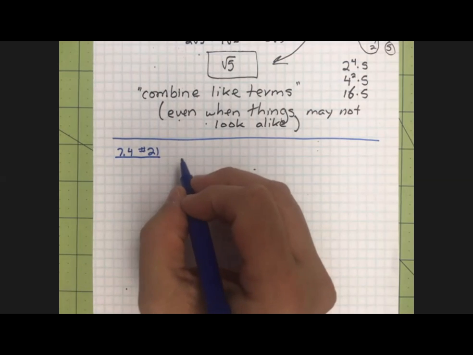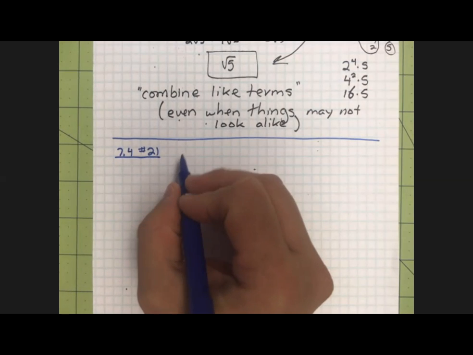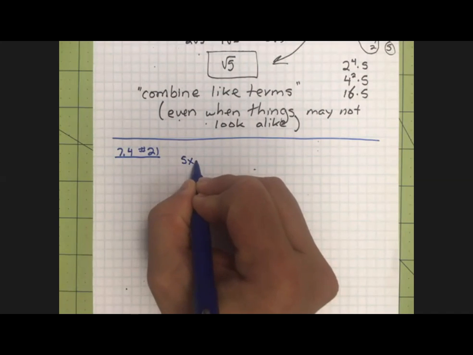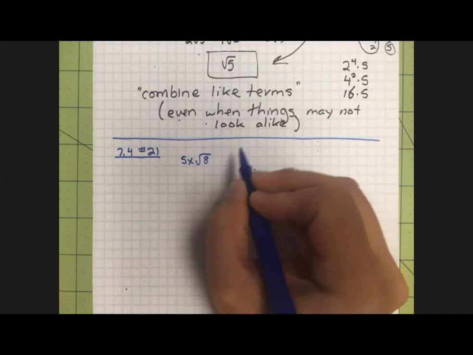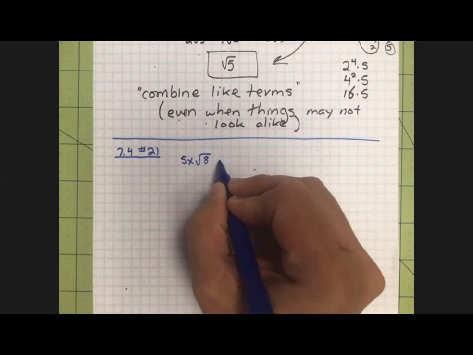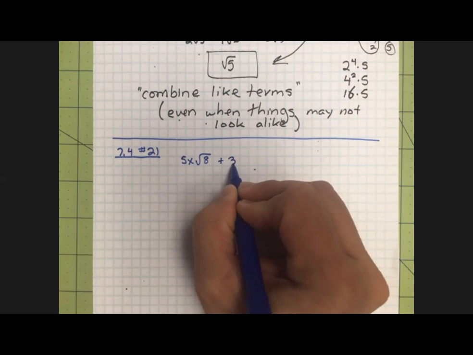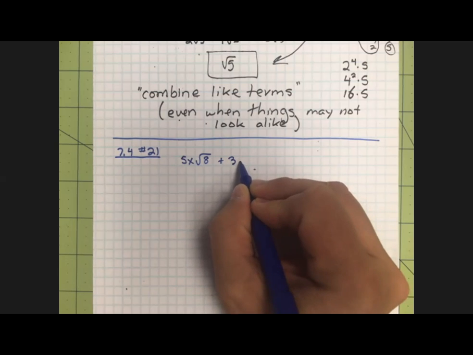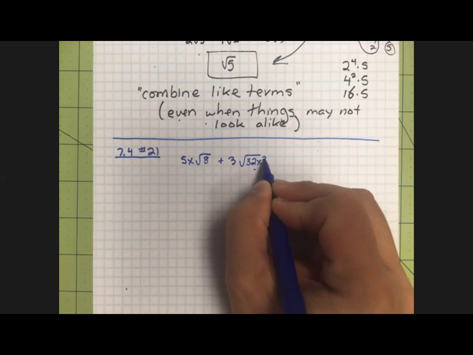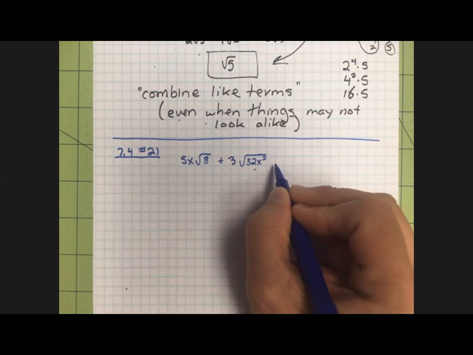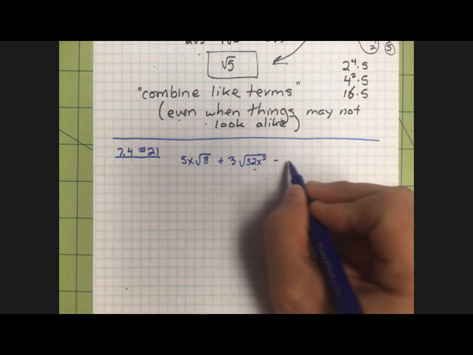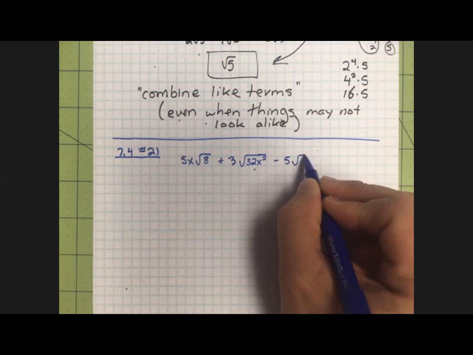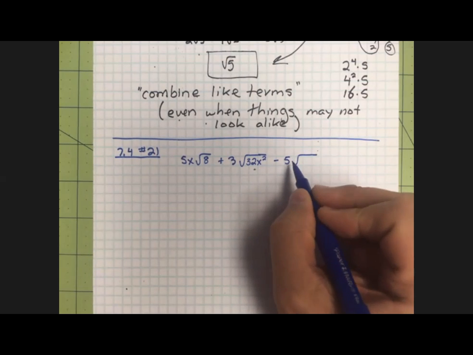So in 21, I've got 5x times the square root of 8, plus 3 times the square root of 32x squared, and the last piece is minus 5 times the square root of 50x squared.